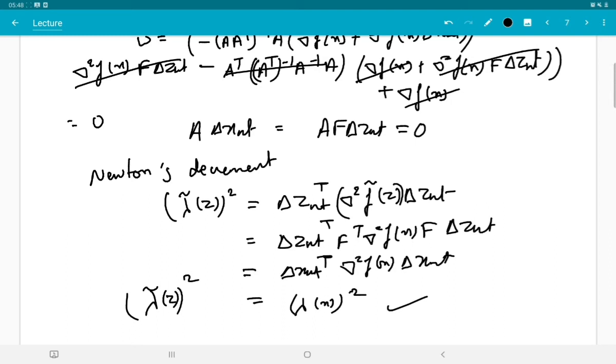So what we want to say is that the constrained problem is the same as the reduced problem. The working dynamics is exactly the same, because all our dynamics depend on only these two values, and both of them are the same. So we can analyze this constrained Newton's algorithm using only the unconstrained case.